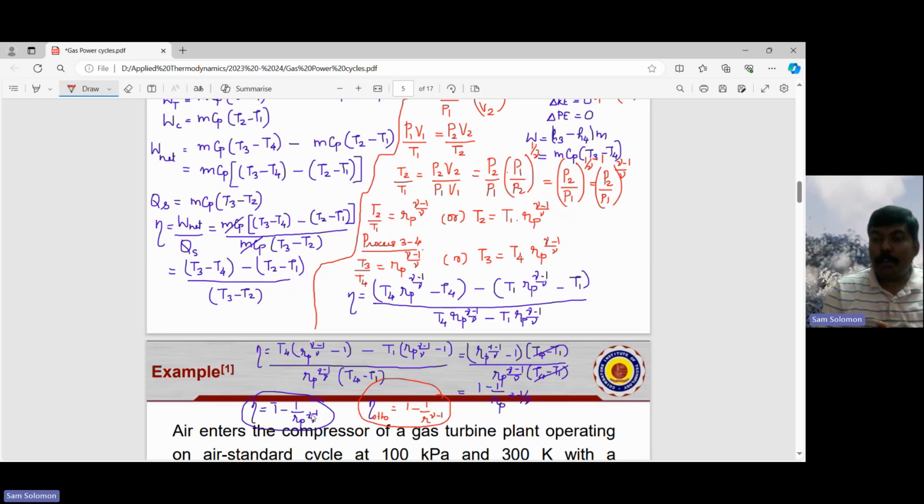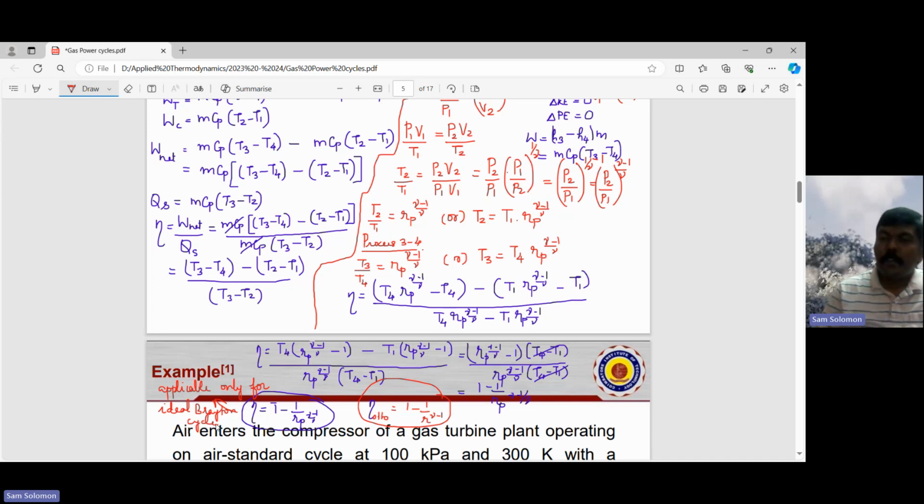But once again, I want you to be very clear on this. This particular equation, the efficiency of the Brayton cycle, where you say 1 minus 1 by Rp to the power (gamma minus 1) by gamma, is applicable only for the ideal Brayton cycle, which means all the processes are reversible.